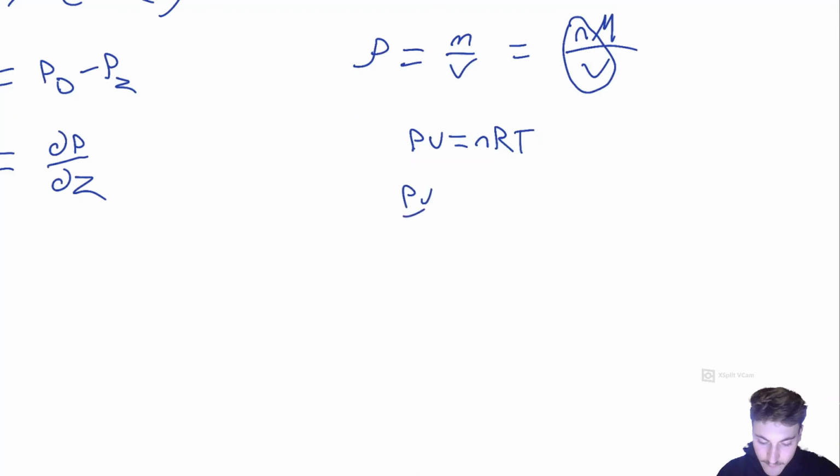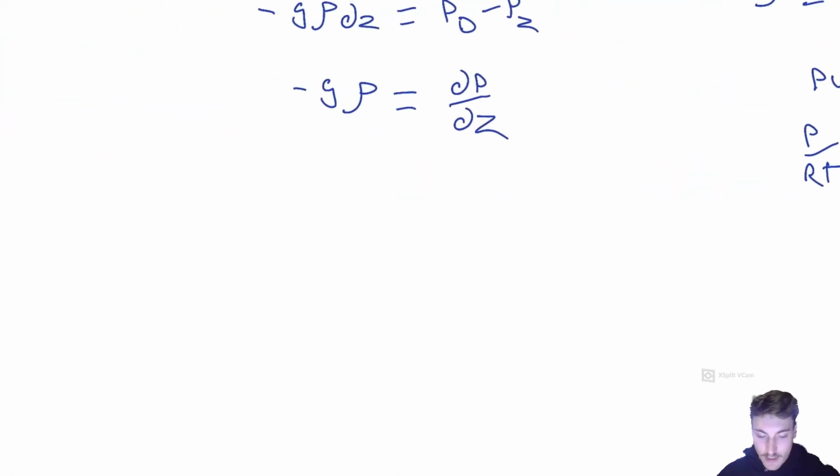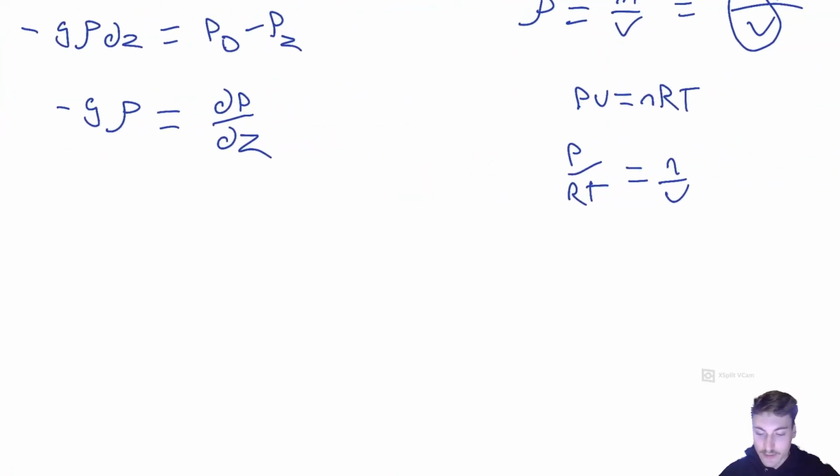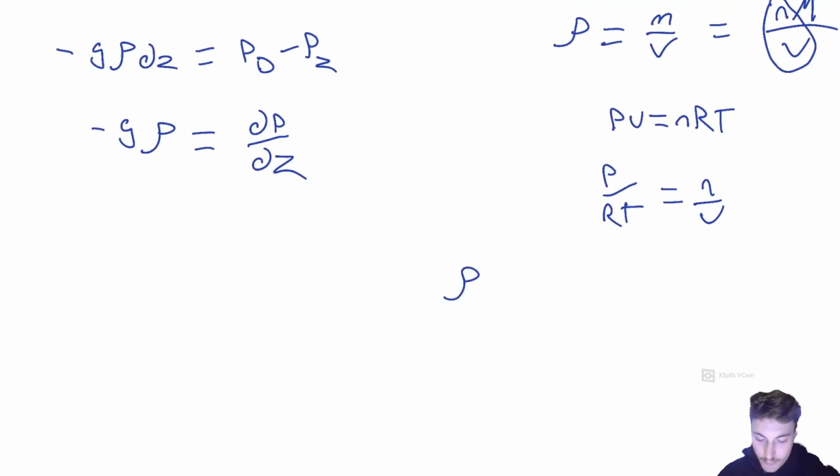So PV over RT equals the number of moles, and then we move the V over to the other side, so P over RT is equal to N over V. Then we plug that back into the density equation, so density is equal to PM over RT.